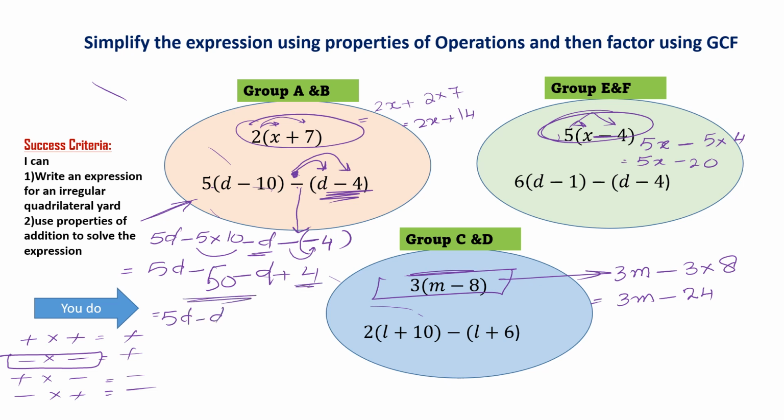It means minus 50 plus 4. Now 5D minus D. Minus D means minus 1D. 5 minus 1, 4D. And 50 minus 4, it will give us 46. But 50 is big and it has a negative sign, so I will put the negative sign.